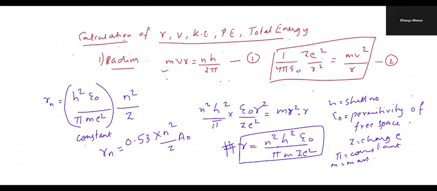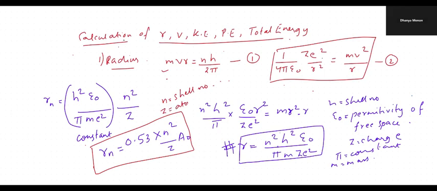So in the exam, if you're able to remember this, you can solve the question very easily, where n is the shell number. So you just have to check the shell number given in the question, and z is the atomic number. Okay, because the mass of the electron, charge of the electron, everything is fixed.